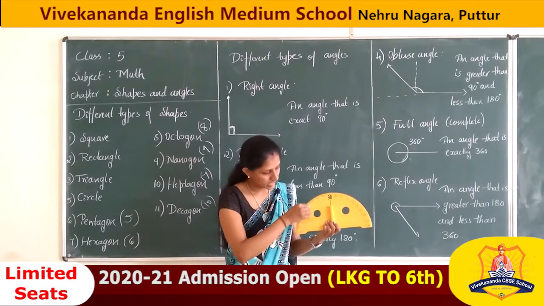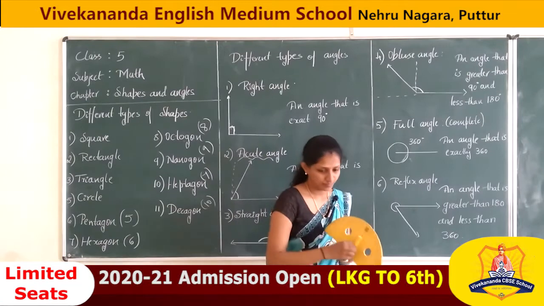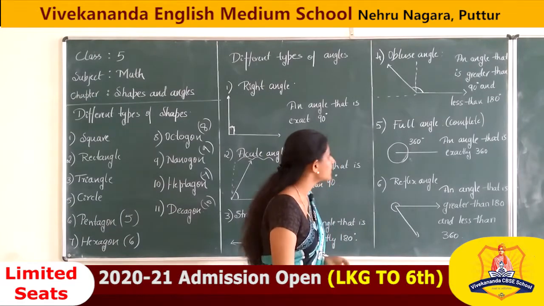Somewhere between 90 and 180 degrees. Understood? That is an obtuse angle.